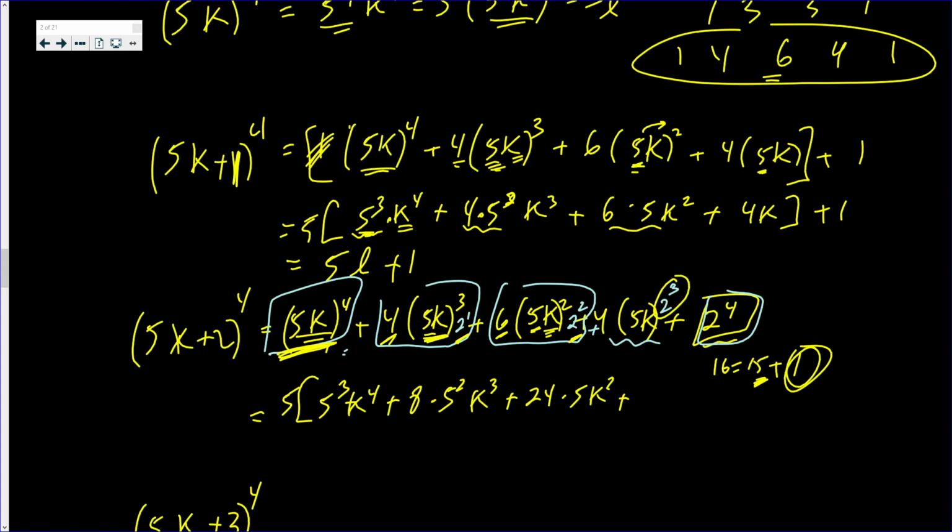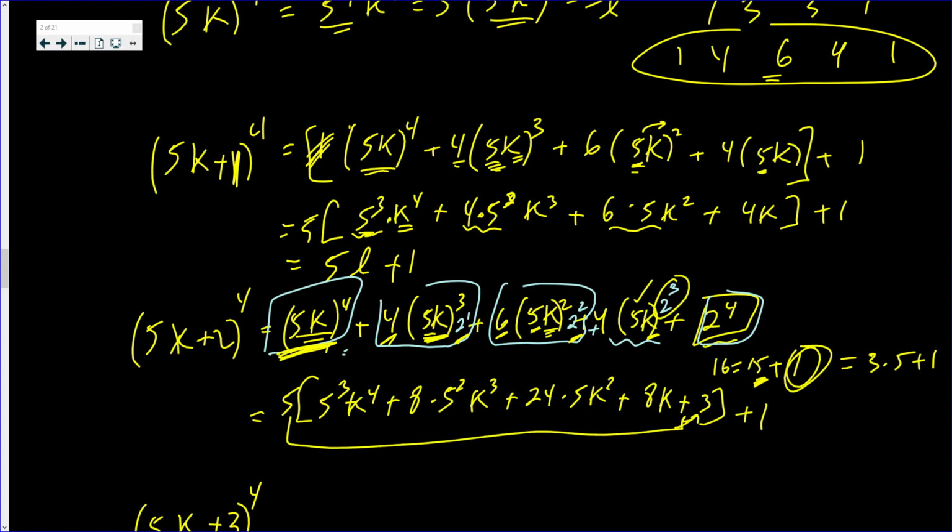We have 8 times k, we pulled out the 5, plus 16, which is 3 times 5 plus 1. Well, I can write 3, and that gives me the 15 plus 1. Ooh, you mean you're in the form of 5l plus 1?